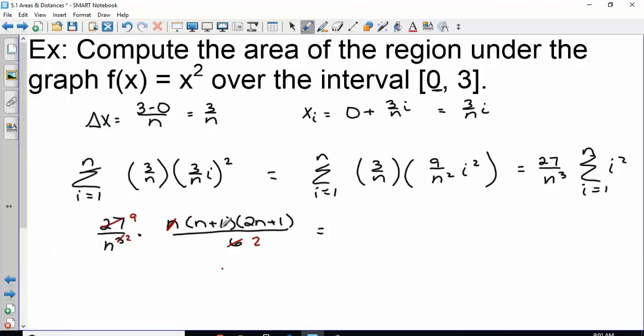So then we need to FOIL this out. Can I FOIL and distribute my 9 at the same time? So this would be 2n squared times 9, so 18n squared, plus 27n, plus 9, all over 2n squared.